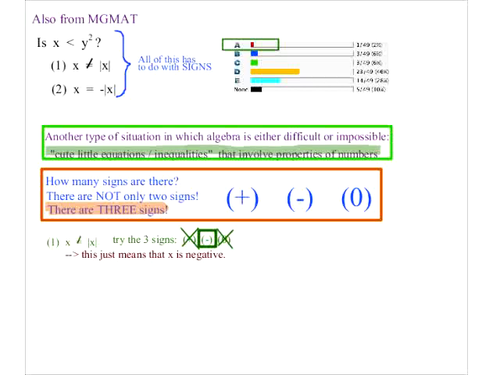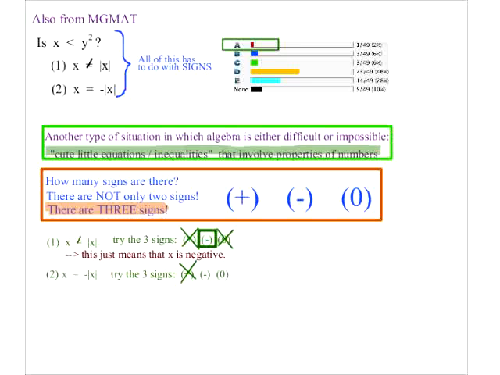Statement 2 says x is equal to the opposite of its own absolute value. All right, let's try the 3 signs again. Okay, the difference this time, positive still won't work. If you try to plug in 1/2 or 3 or 10 or some other positive number, then the left-hand side will be positive, right-hand side will be negative. It won't work.